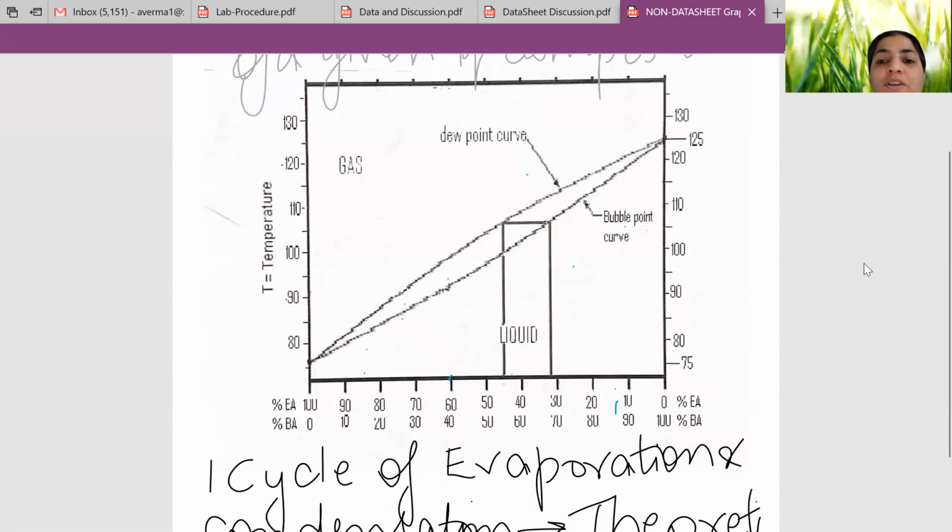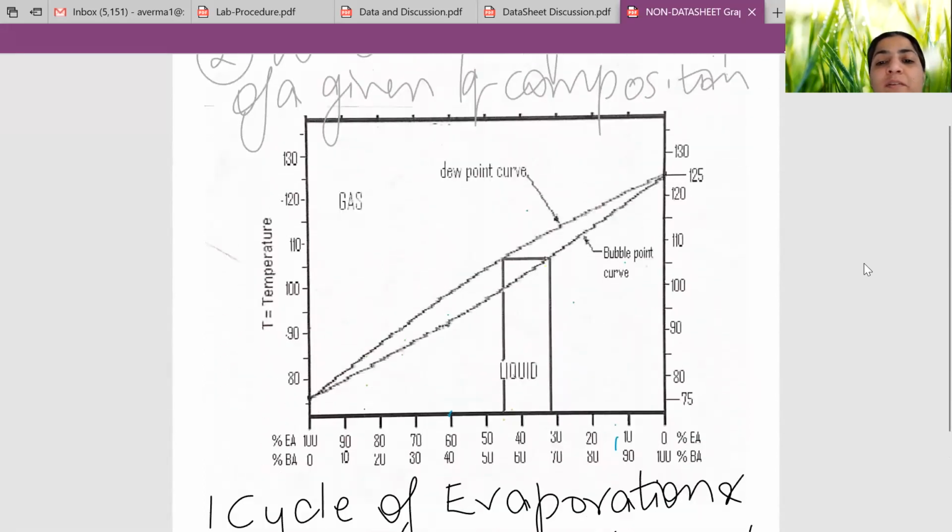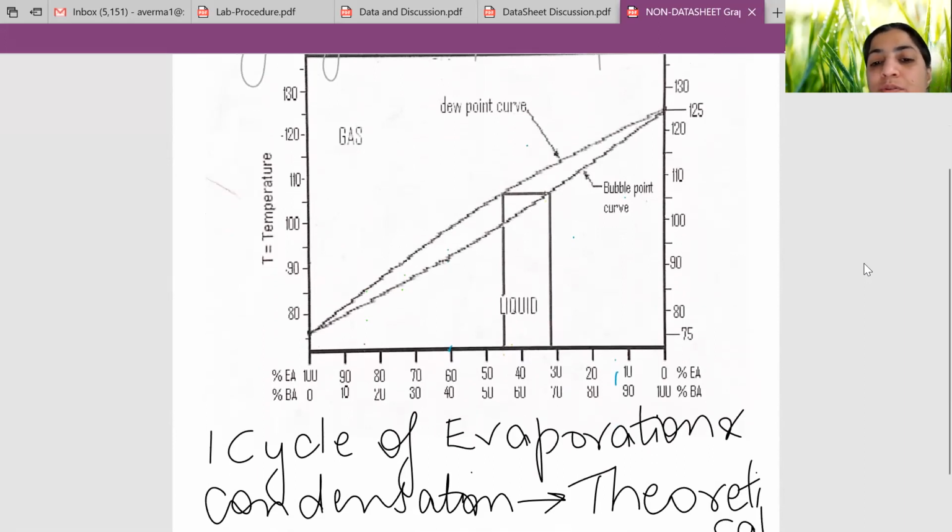To answer your first question of what is the boiling point of a given mixture, let's say that I ask you to figure out the boiling point of 33% ethyl acetate and 66% butyl acetate. First, locate that on your y-axis and then evaporate it. The temperature of the bubble point curve is the temperature of your solution at which this particular composition boils.